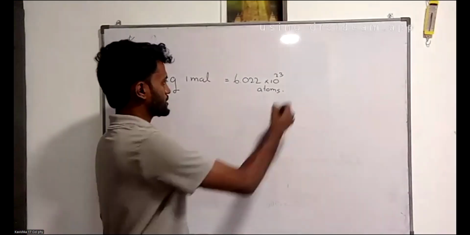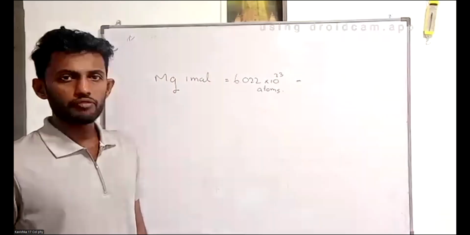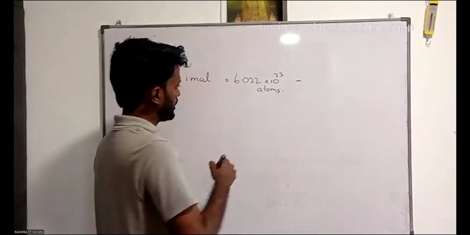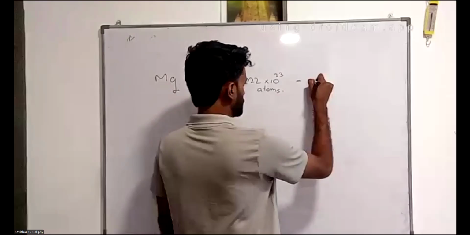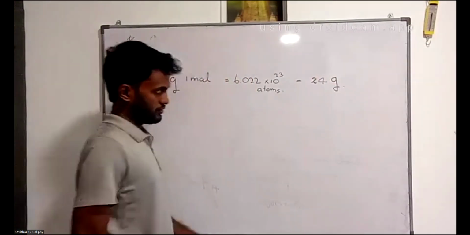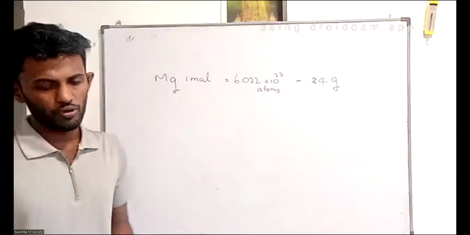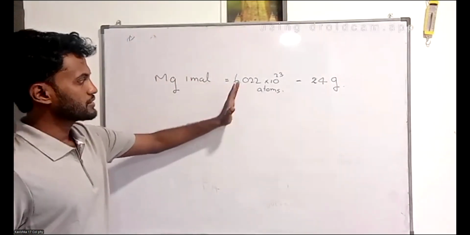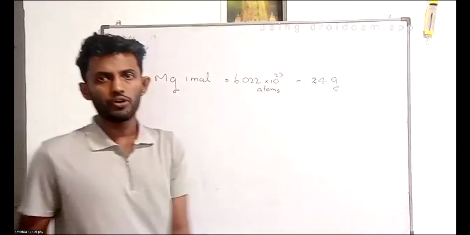So what is the mass of one mole? It's equal to the relative atomic mass of magnesium. What's the value? It's 24 grams, right? This we call the molar mass of magnesium. So 1 mole of magnesium contains 6.022 times 10 to the power 23 atoms and it is equal to 24 grams.